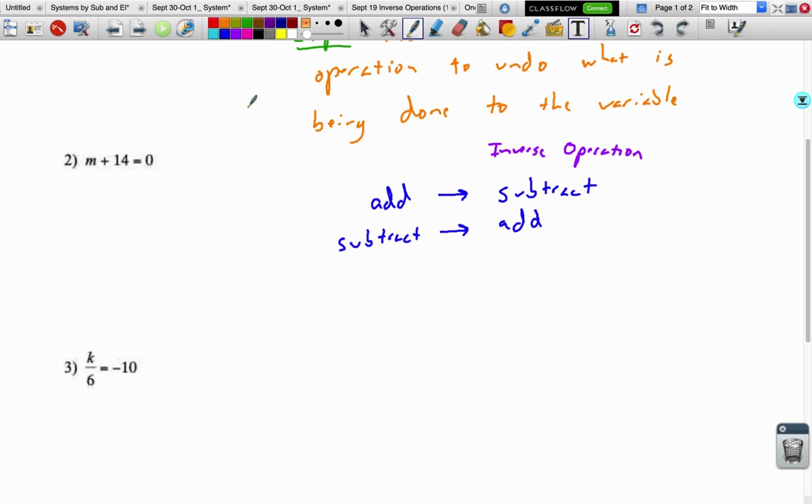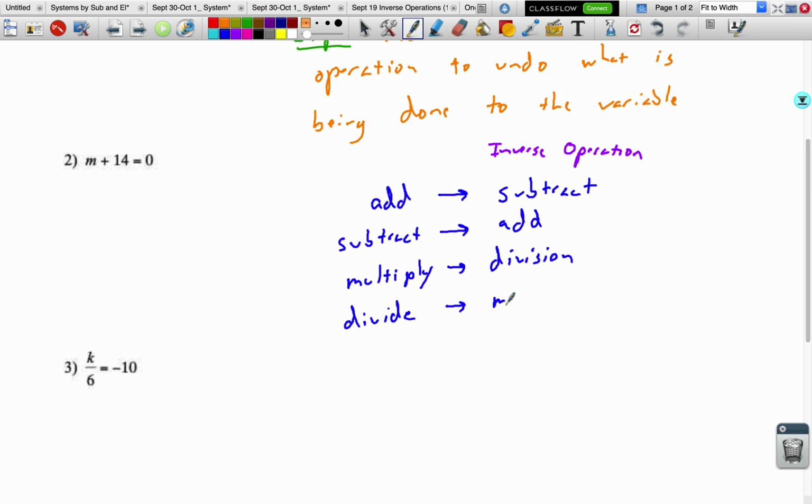Now there's another pair. If I see anything that's being multiplied, the inverse operation will be division. So how do you get rid of a times 2? Well, you divide by 2, and vice versa. The inverse operation of division, I guess I should keep this in the same tense. I'll say divide.